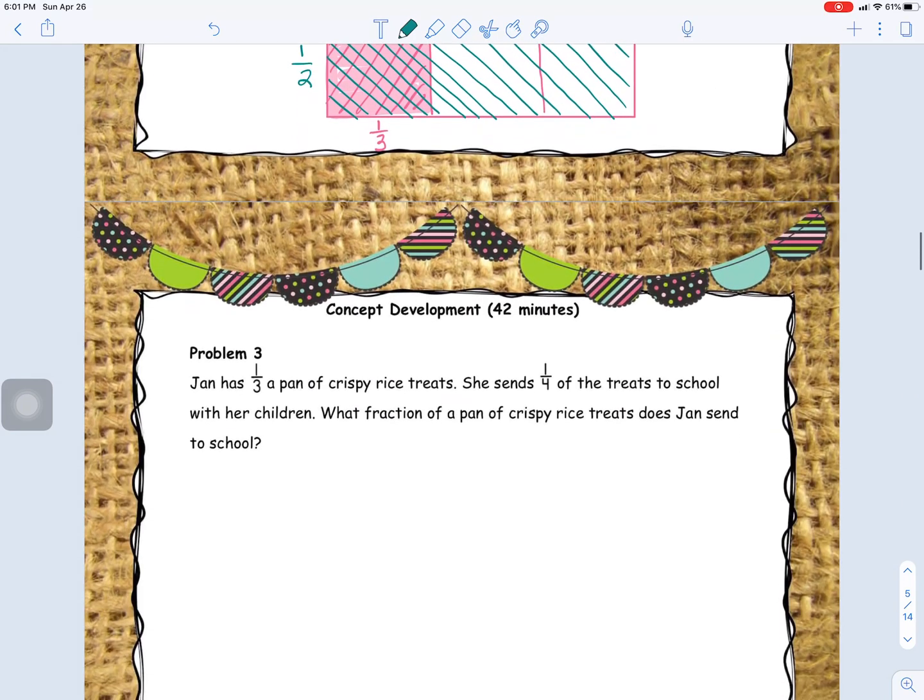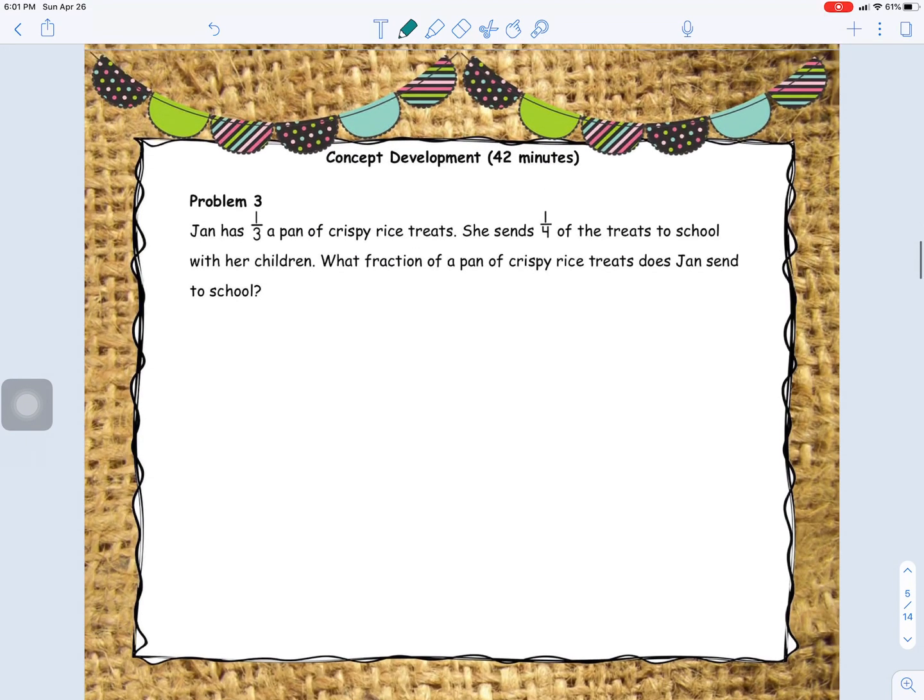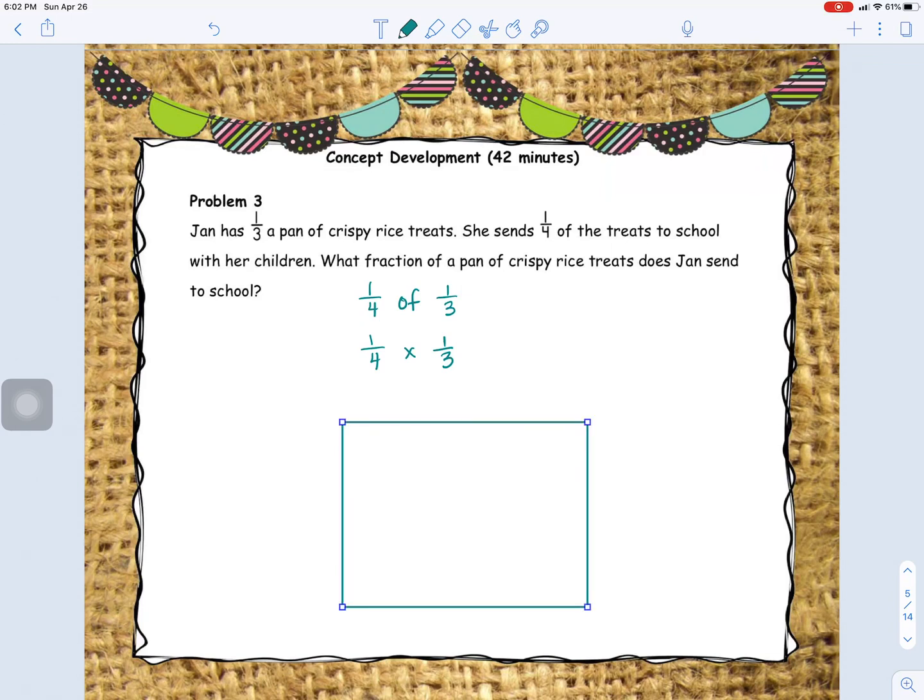Let's look at the next one. Okay, now this is the same pan, but she sends 1/4 of 1/3 to school, or 1/4 times 1/3. So if I draw that, we're going to start with 1/3 pan.